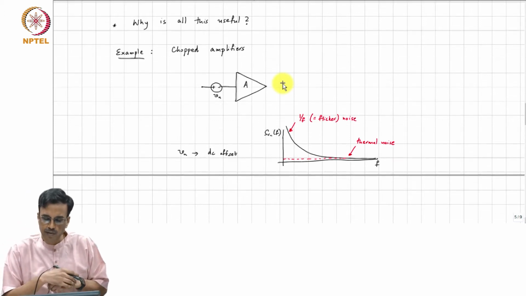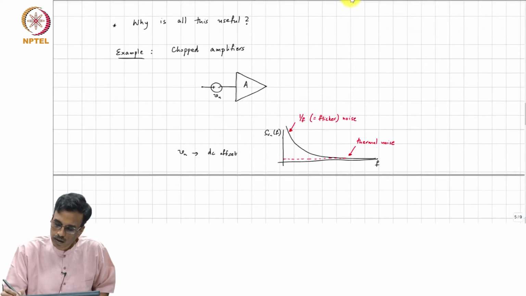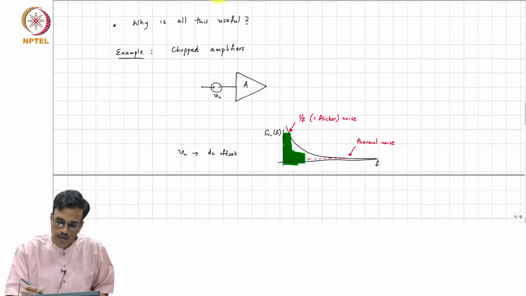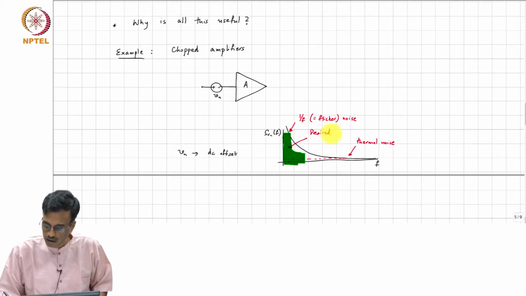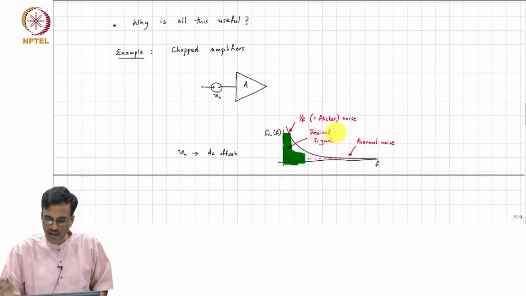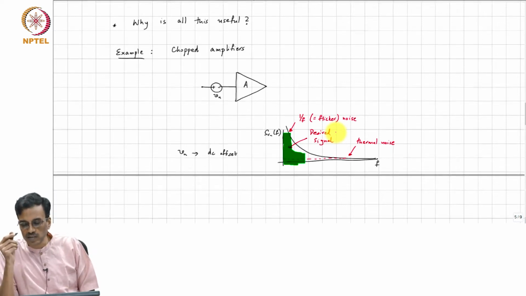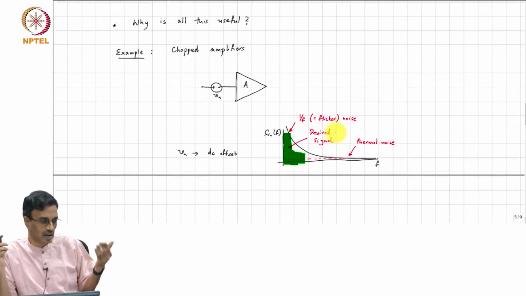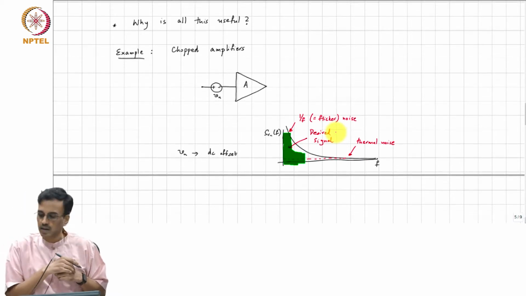So why is this flicker noise problematic? If this is your signal content, if this is the desired signal, then the noise that matters is not the thermal noise but the flicker noise, because in the signal band it is dominant, and it can be many orders of magnitude larger than the desired signal.